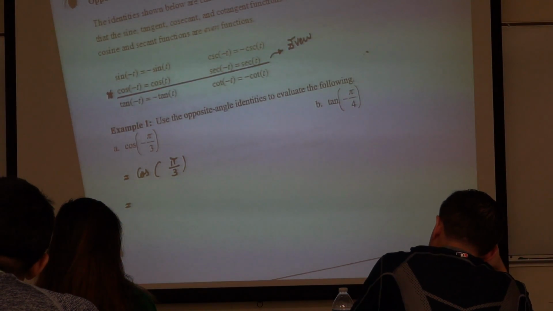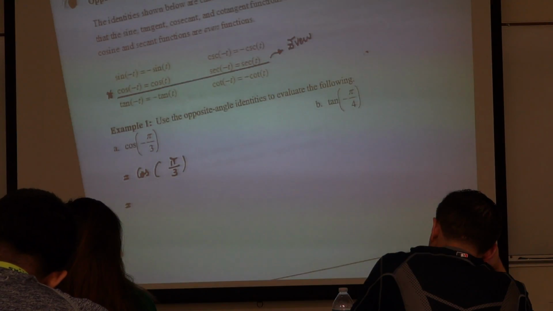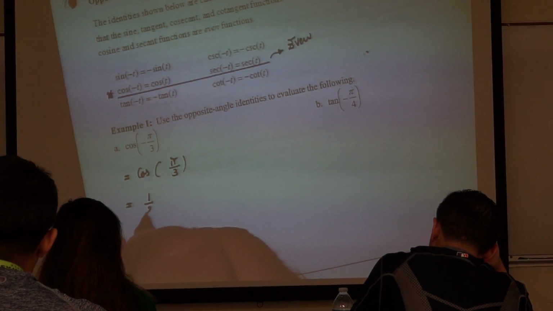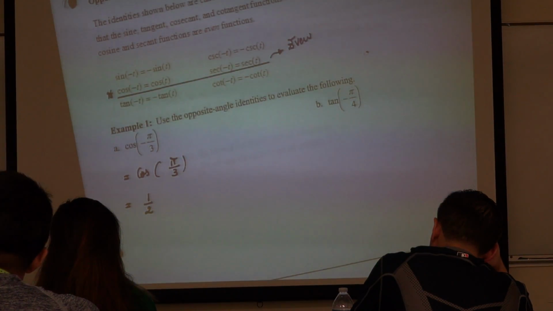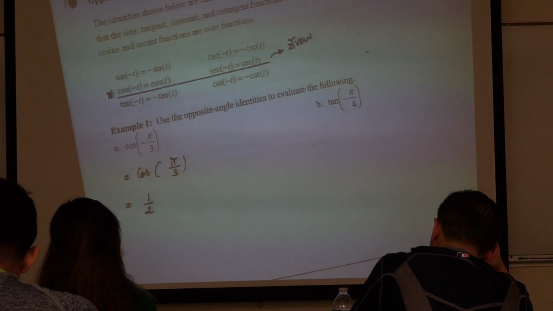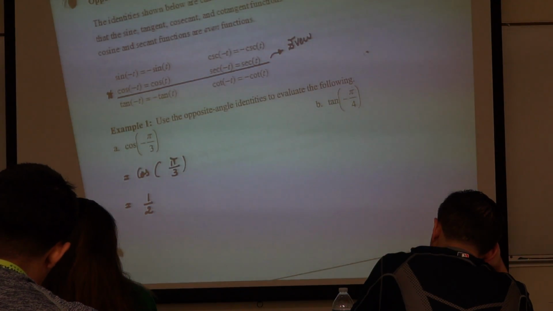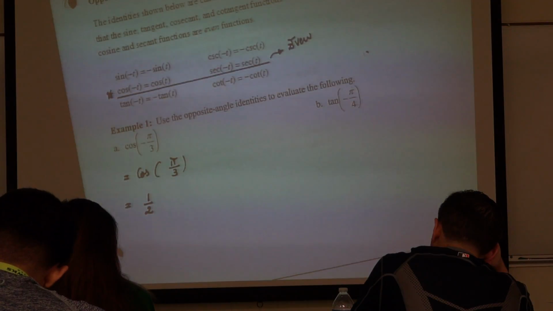Pi over 3 is 60 degrees, right? 60 is shorter in the x direction, which means it is one half. That's why we say imprint the unit circle mentally in your brain. If it was cosine of pi over 6, longer in the x direction, it would have been square root of 3 over 2. What about other angles? Then you refer back to the reference angle.